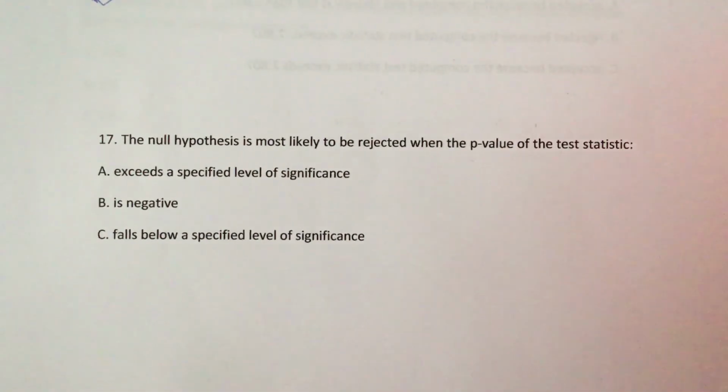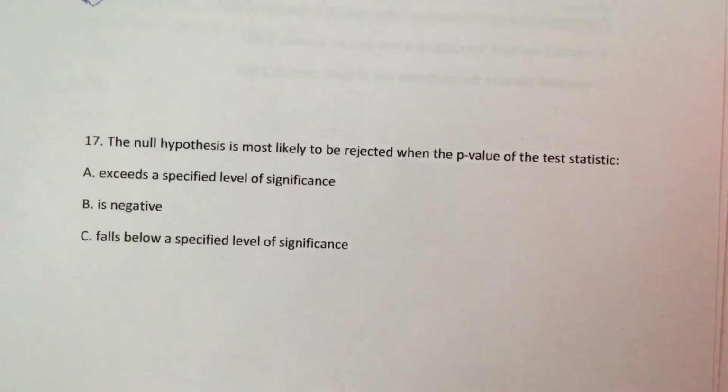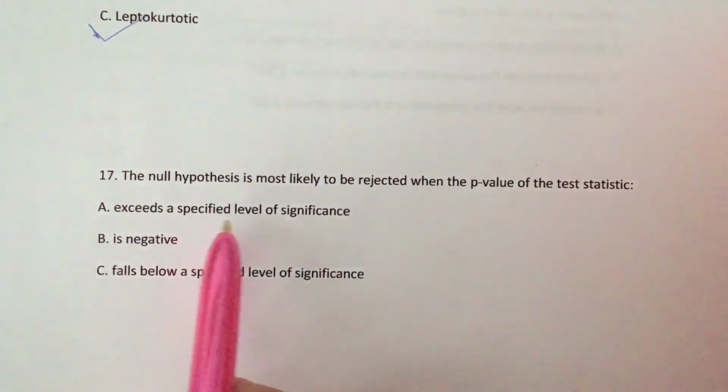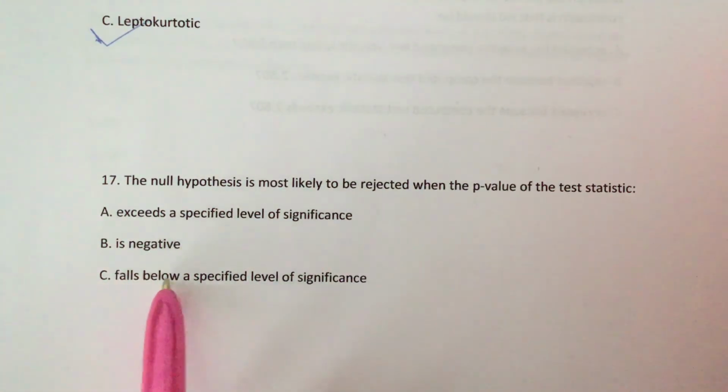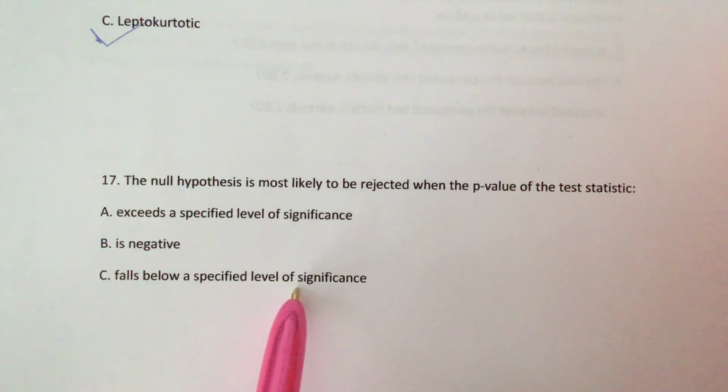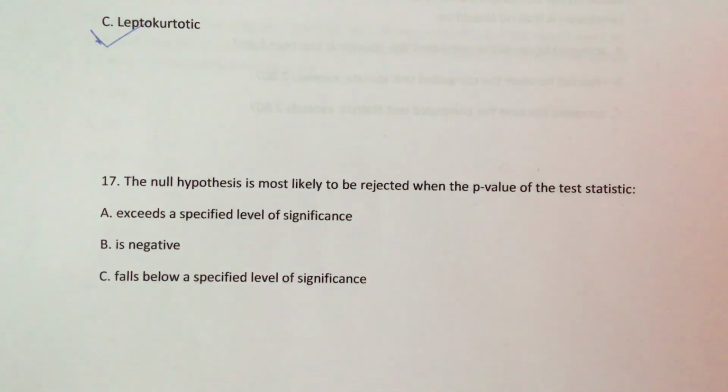Question 17. The null hypothesis is most likely to be rejected when the p-value of the test statistic A. exceeds a specified level of significance, B. is negative, C. falls below a specified level of significance.